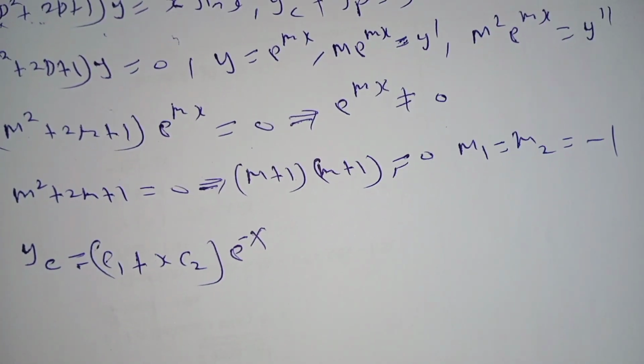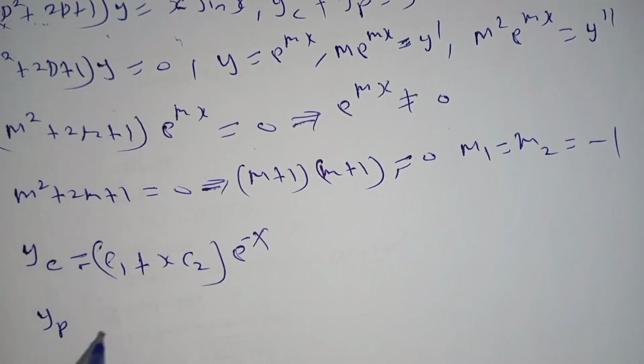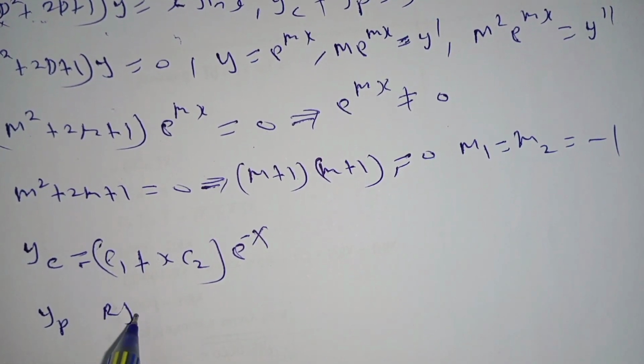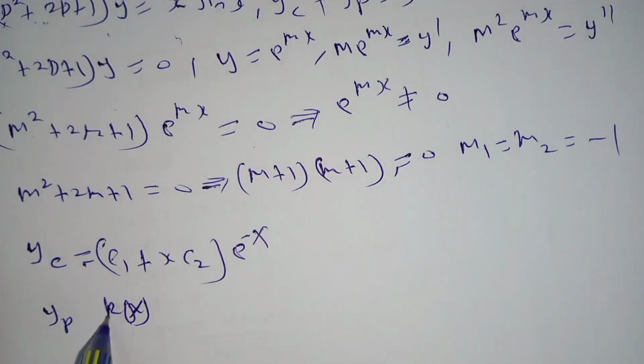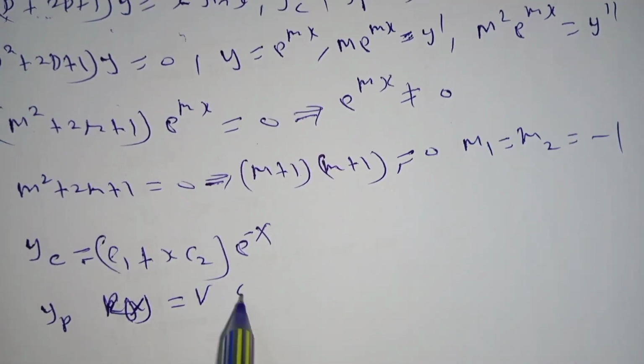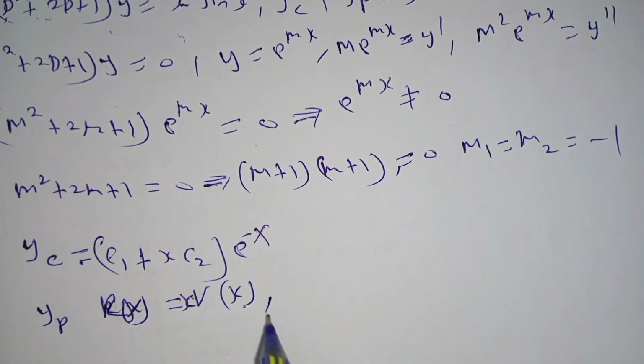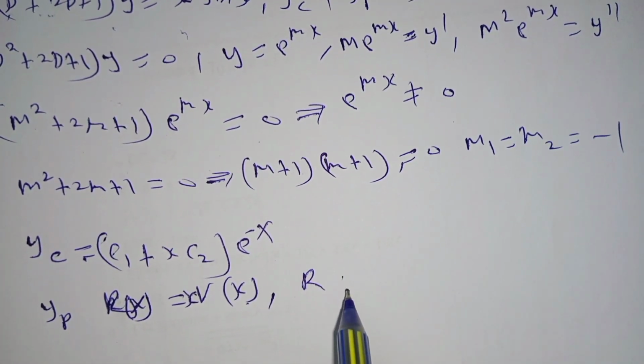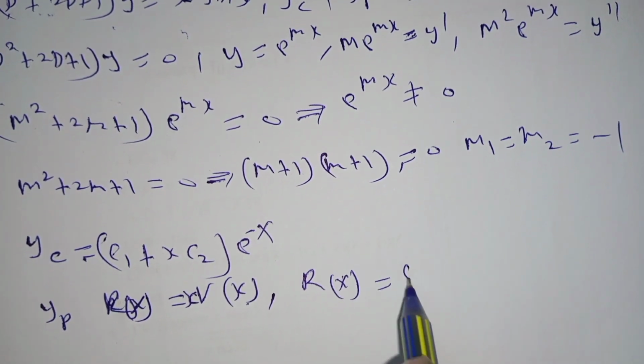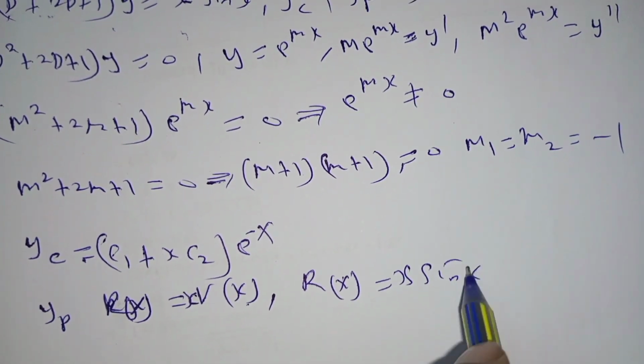Then we come back to our y particular, whereby our function R(x) is a function of V of x multiplied by V of x. In our case, R(x) is x sine of x.